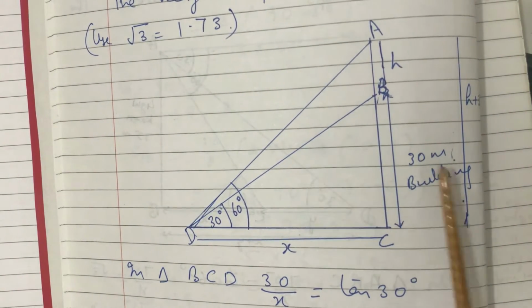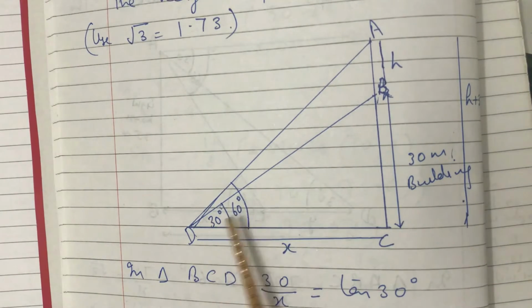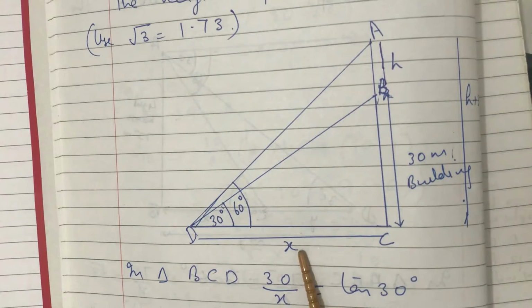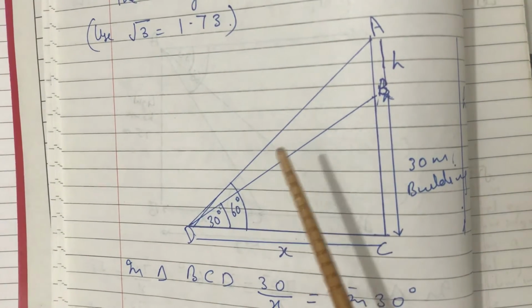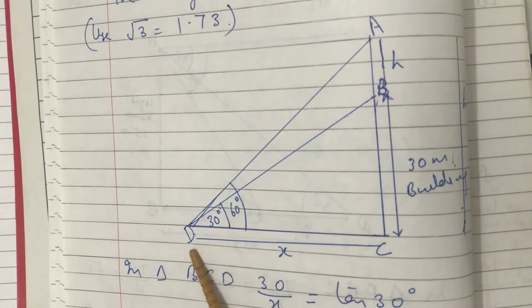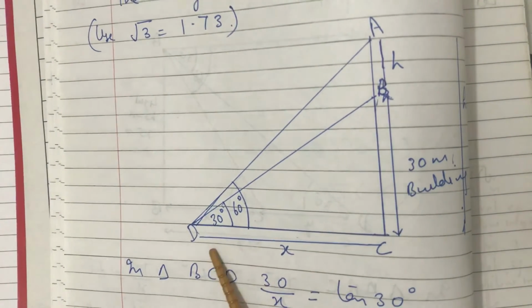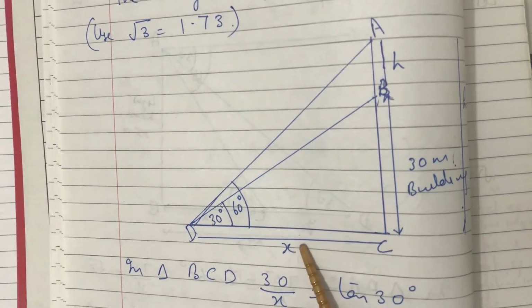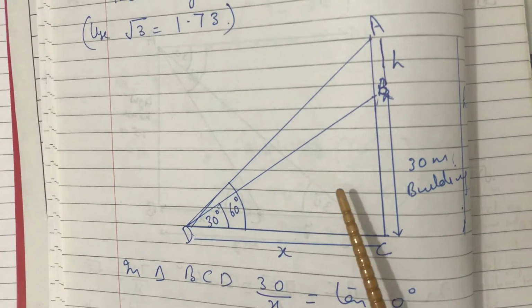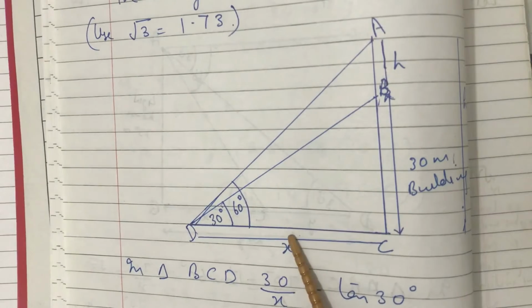This whole height is h + 30. And this angle is 30 degrees and this angle is 60 degrees. And this distance is x. Now discuss two triangles. One is BCD, the other is ACD. In triangle BCD, 30/x = tan 30 degrees. And from here you will get the value of x.